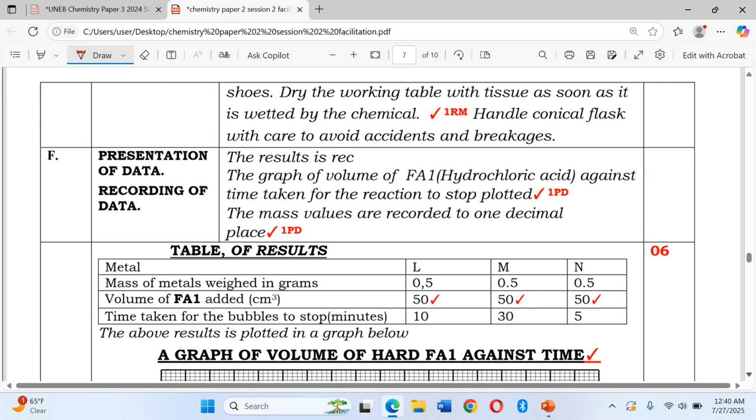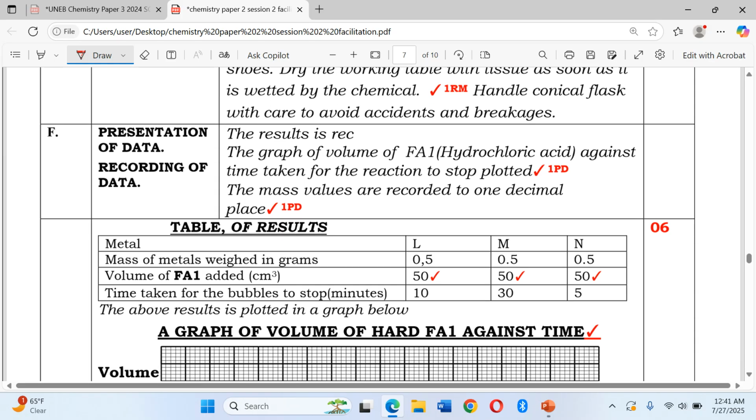Then presentation and recording of data. I want us to go through this faster. So the results are recorded. We can use a table. And then the graph of volume of Fa1 against time taken for the reaction to stop is plotted.